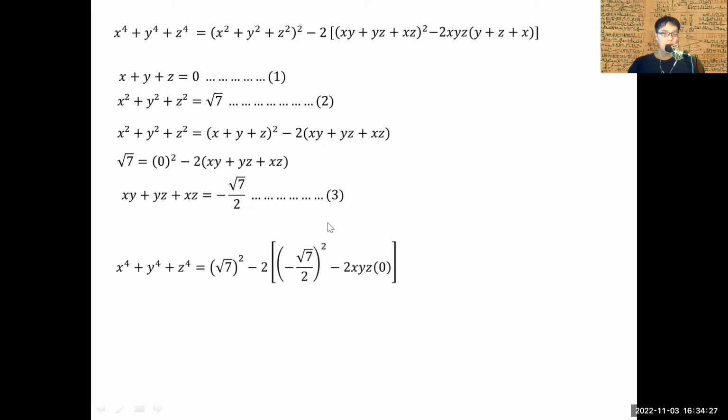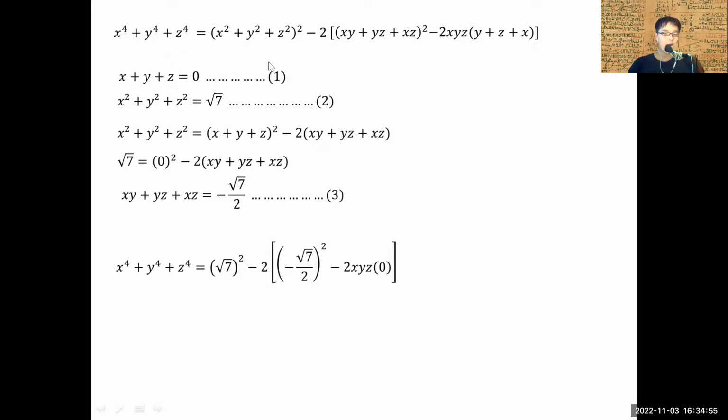Now, remember earlier what we got for x to the power of 4 plus y to the power of 4 plus z to the power of 4. If you look at the identity that we have derived earlier, what do we have? We have (x squared plus y squared plus z squared) squared, minus 2(xy plus yz plus xz) squared, minus 2xyz(y plus z plus x).